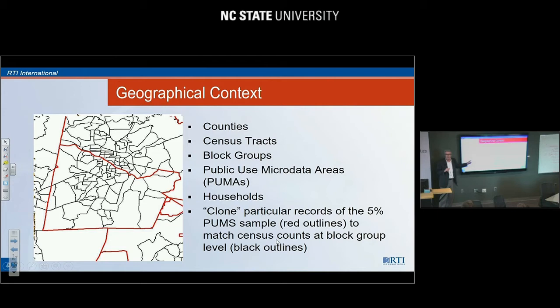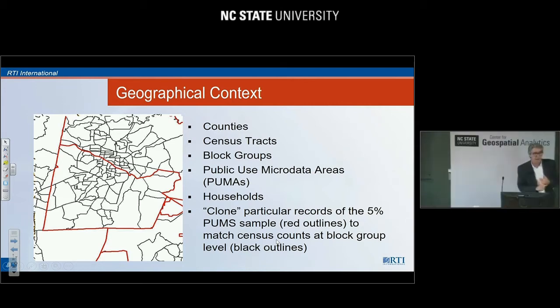So if you filled out the ACS form in the last 5 years and you happen to be in that sample, you're in this data set, in this area, if you live in this part of Durham. So about 100,000 people, I've got 5% actual data from people who filled out the form with no geographic identifier except it's in this red area and with no personal data at all.